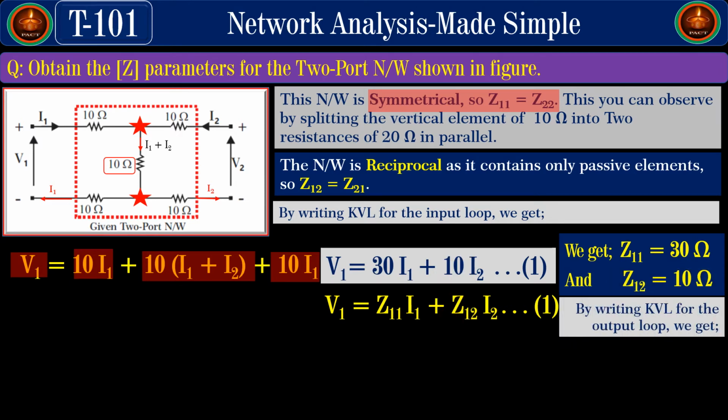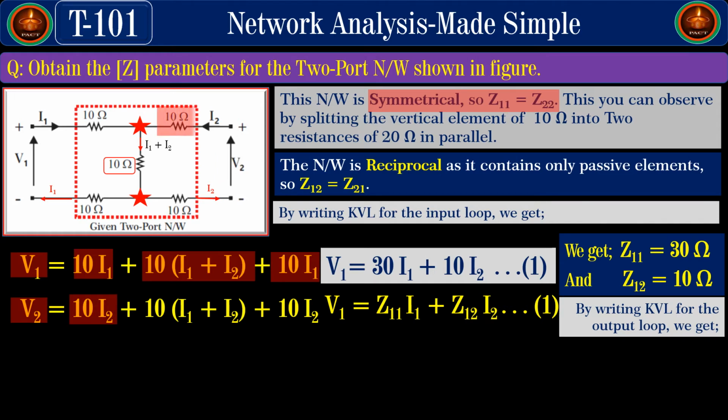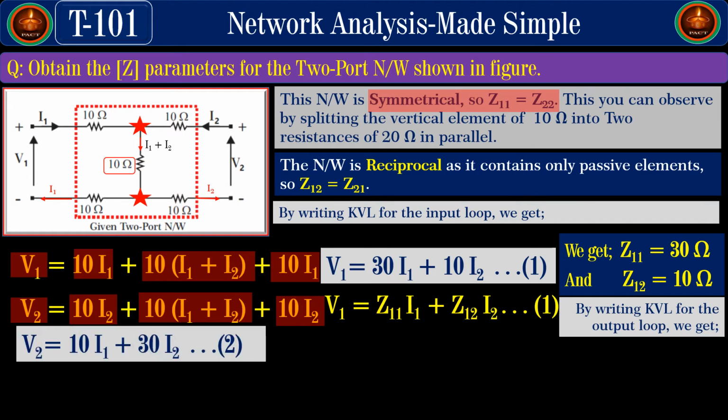Similarly, by writing the KVL for the output loop, we get Φ2 is equal to 10 I2 plus 10 into bracket I1 plus I2 plus 10 I2. By solving this simple equation, we get Φ2 is equal to 10 I1 plus 30 I2.